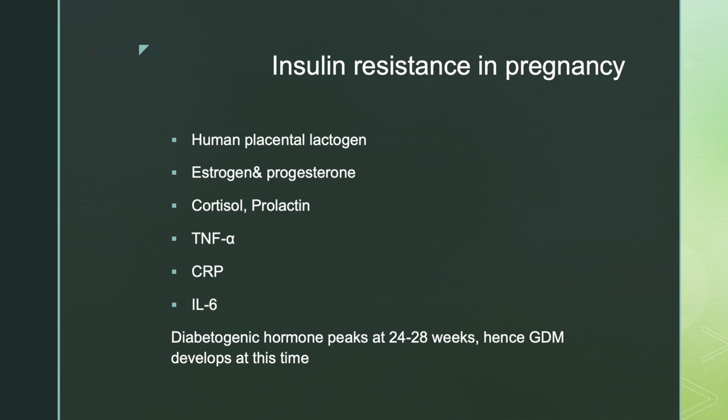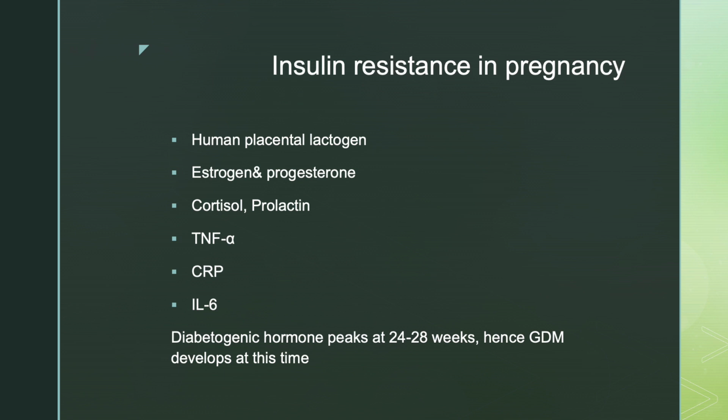And pregnancy is said to be a chronic inflammatory state. So we can expect inflammatory factors like TNF-alpha, C-reactive protein, and interleukin-6. These also contribute to the insulin resistance in pregnancy. Also, the placenta is secreting placental insulinase, which will destroy the hormone insulin.